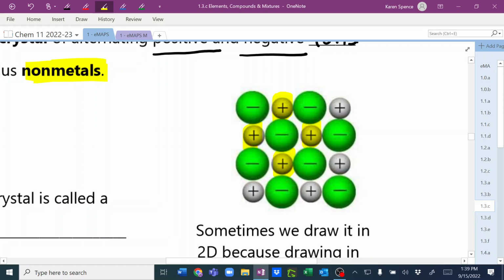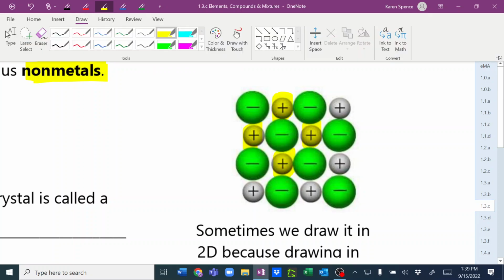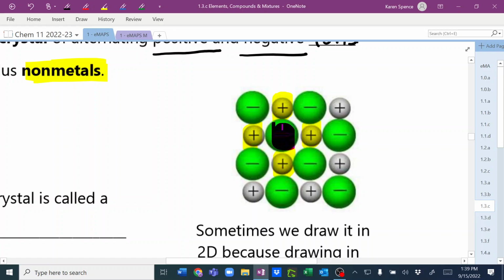And your positive will be surrounded by 4 negative ions. Okay, we'll go like 1, 2, 3, 4. There we go. See, this little positive here is surrounded by negatives.